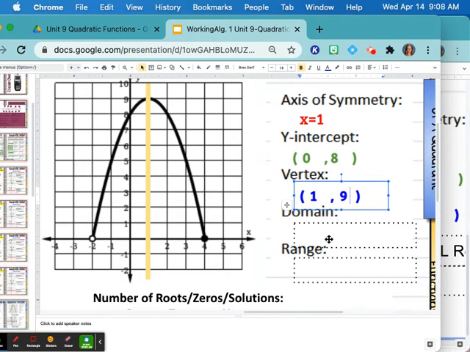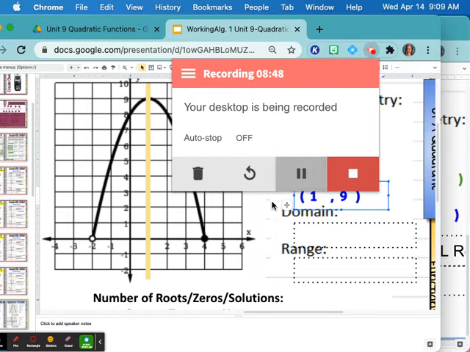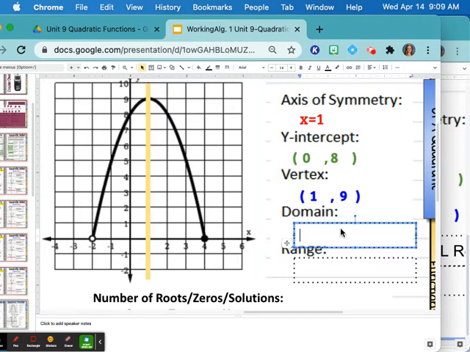Our domain, is it going to continue on and on forever? No, it doesn't. In this case, it is at -2 to 4. So when we do our domain, we do our x values. So our domain is going to be the x values from left to right.